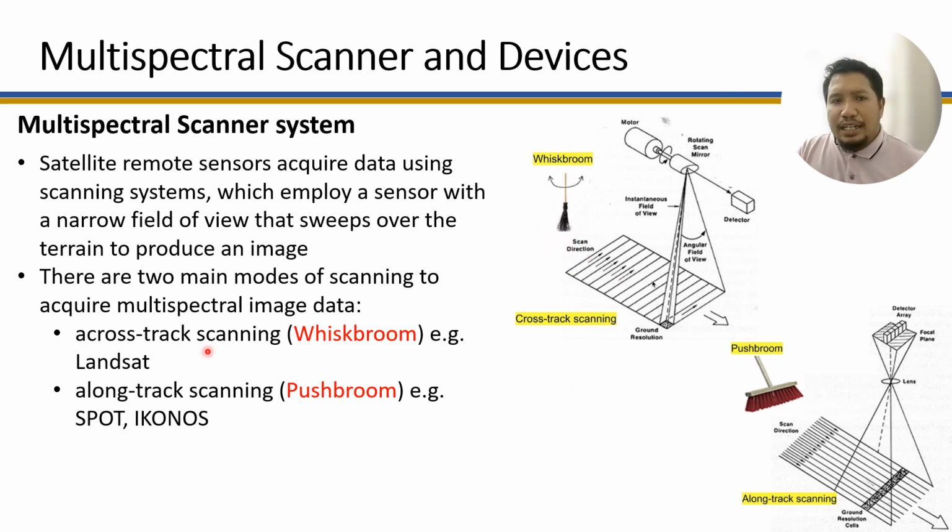They are across-track scanning, also known as whiskbroom, for example Landsat, and along-track scanning, also known as pushbroom, for example SPOT and IKONOS. Here is the image of whiskbroom and pushbroom that we're going to talk about later.